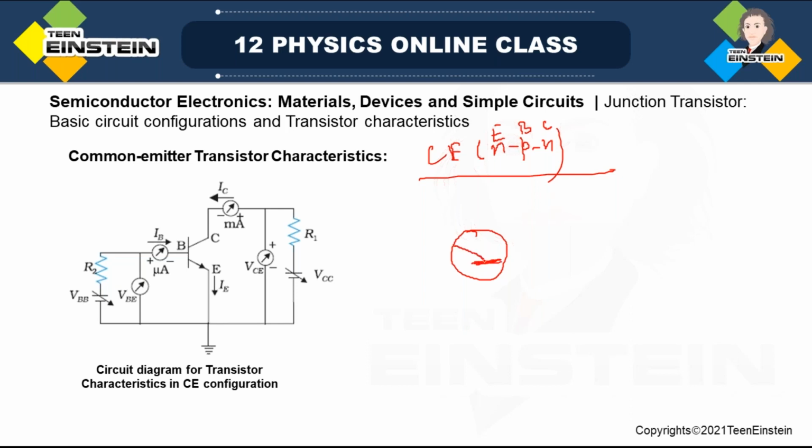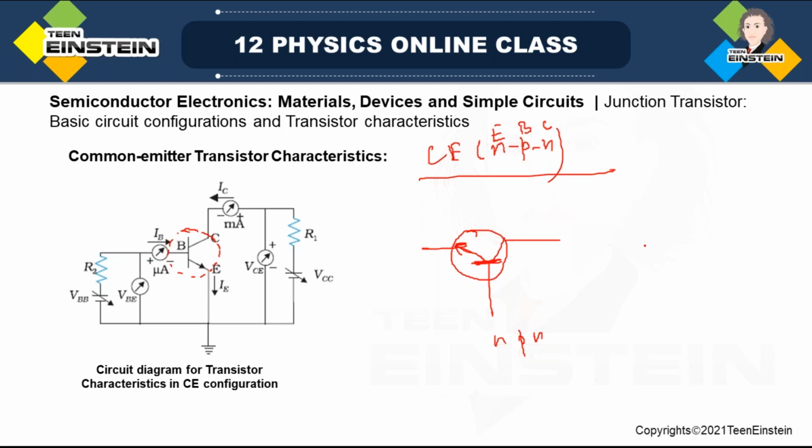So this is the base. There are three terminals, but there should be an arrow. If it is an NPN transistor, then the arrow will always be outward. So that is what you can see here, the arrow is given out.